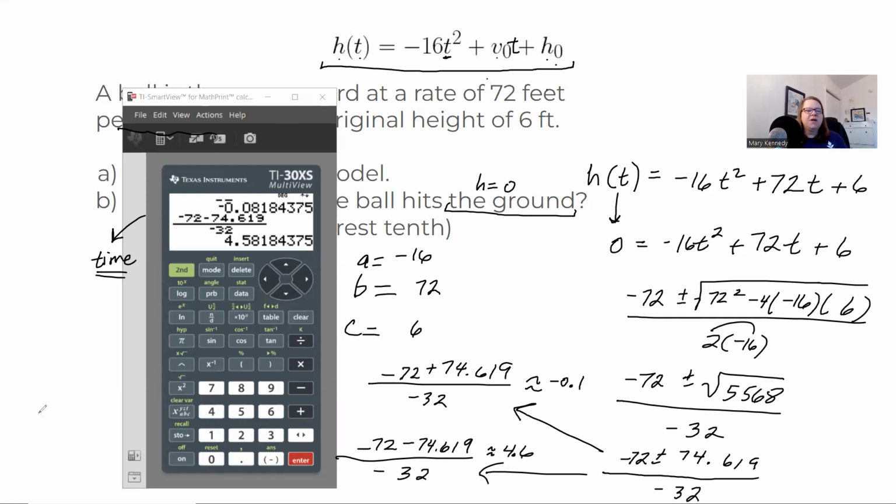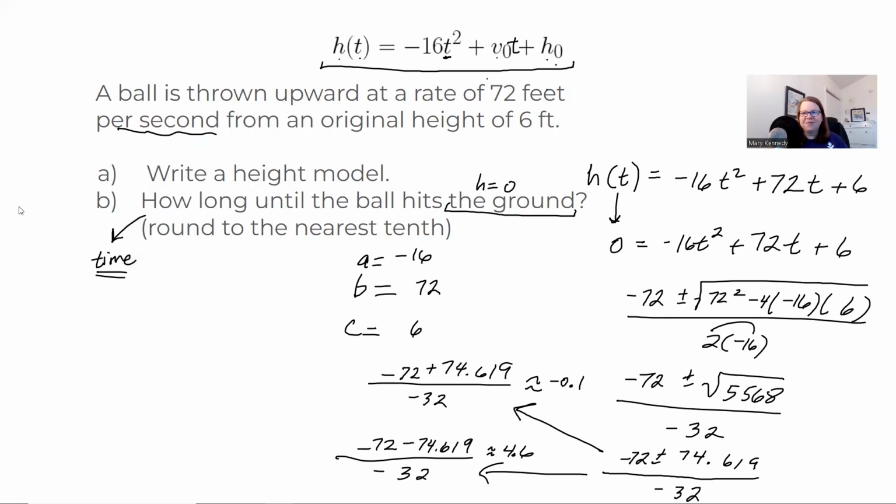Okay. So now we get to apply a little more brain power. We're not quite finished. It seems like we should be, right? So we're asked how long till the ball hits the ground. And we have two answers here, negative 0.1 seconds and 4.6 seconds. Does it make sense that we would have to throw out this negative answer because this is time? Time can't be negative.